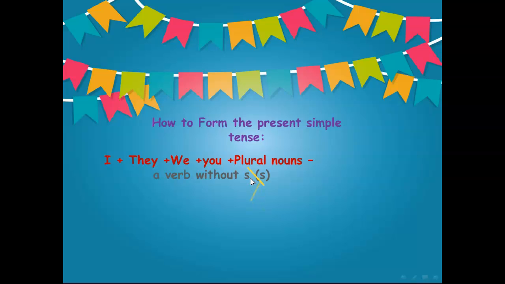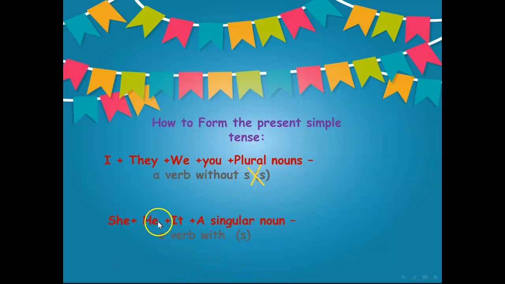What do I mean by a verb without s? I should not add s to the verb if I want to form the present simple tense. For example, I play, they play, we play, you play, Amal and Sarah play, without adding s.